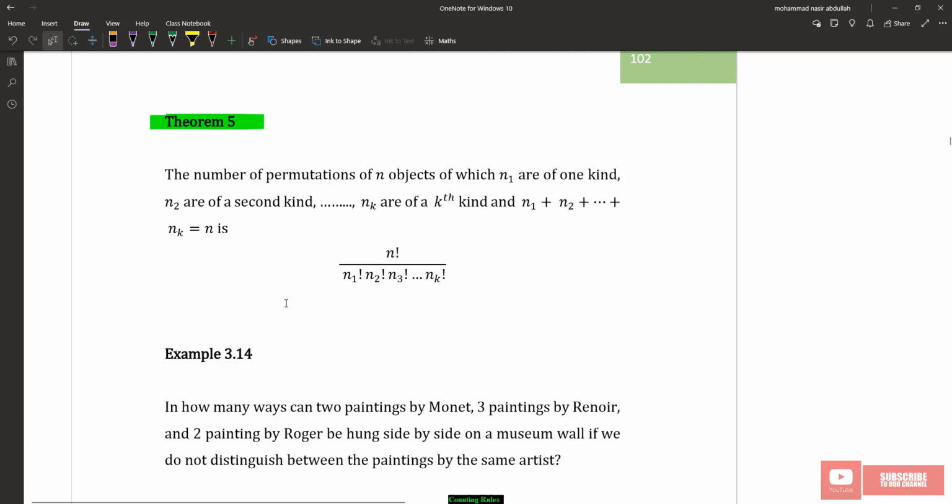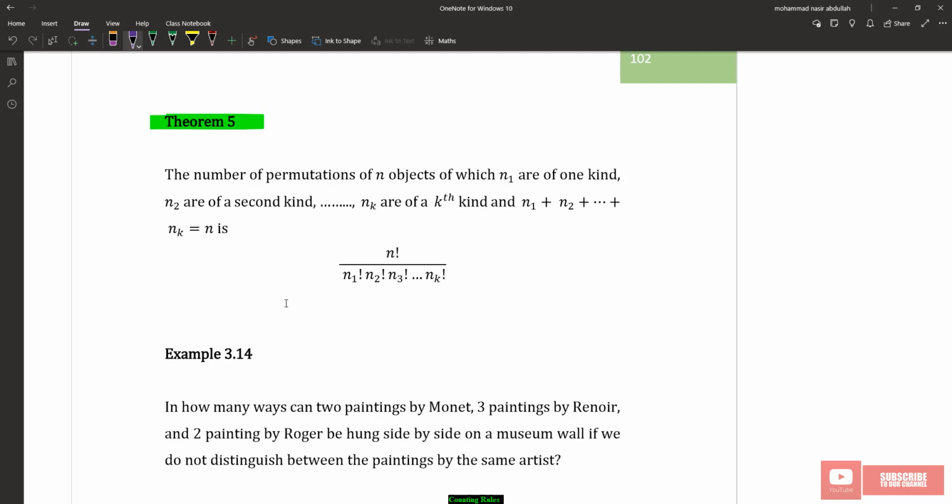Now let's look at theorem number 5. This is an extension of theorem number 1 and number 2, right? This is another important theorem, right? In theorems number 1, 2, 3, and 4, we are talking about distinct objects. We are talking about unique objects, right?